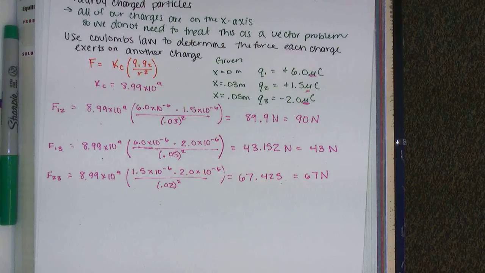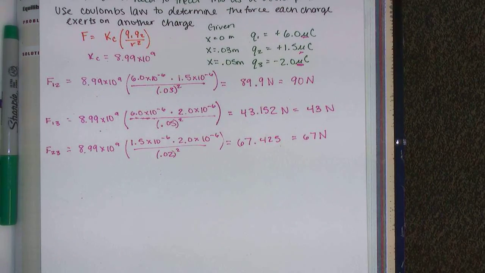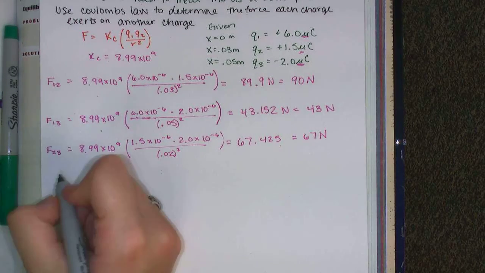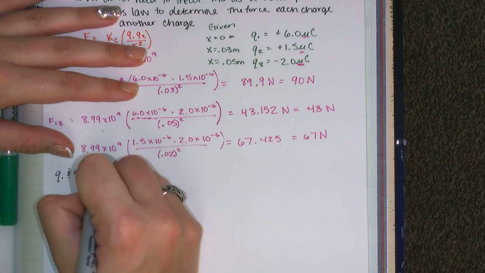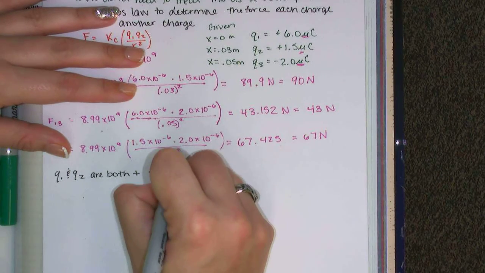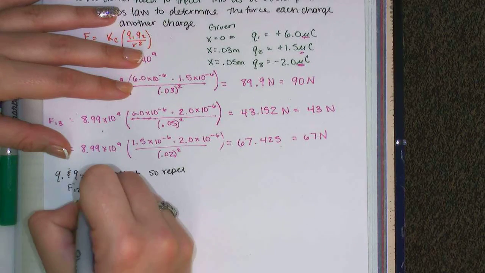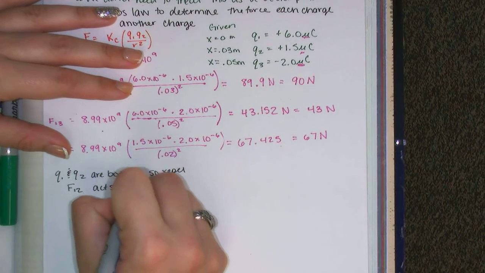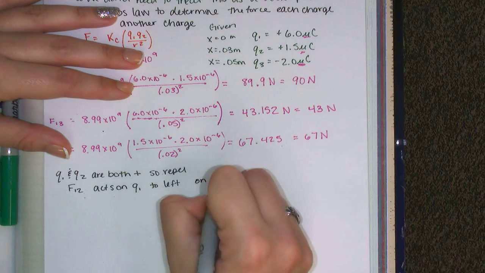All right, so then we need to think about what's actually happening in each case so we can get our signs correct in terms of our directions here. Q1 and Q2 are both positive, so they repel, meaning that for F12, it acts on Q1 to the left and on Q2 to the right.